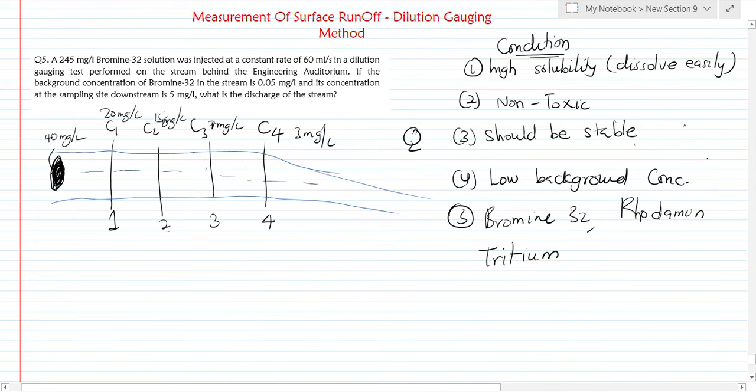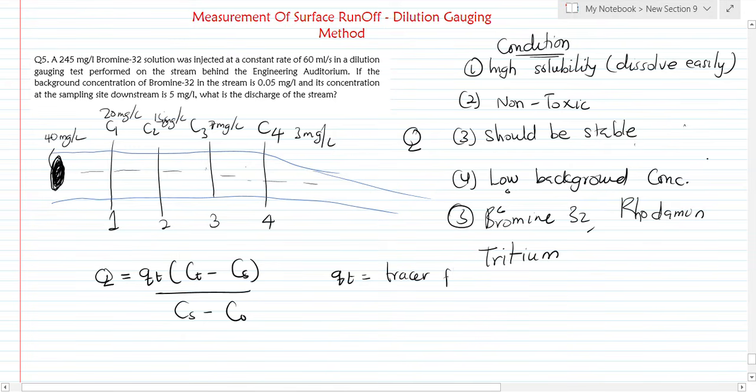With these experiments, we use this relation to find the runoff: Q equals Qt multiplied by (Ct minus Cs) over (Cs minus C naught). Now, what is Qt? Qt is my tracer flow rate.